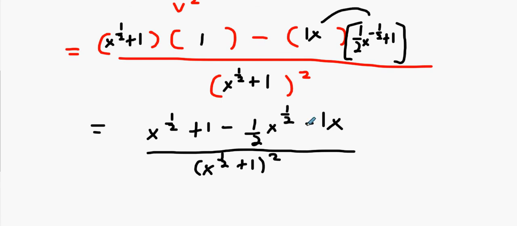Here. A half power. Oh, it's minus a half. Yeah, it was. And then I multiplied it by x. So x times a half, x to the power of a half.